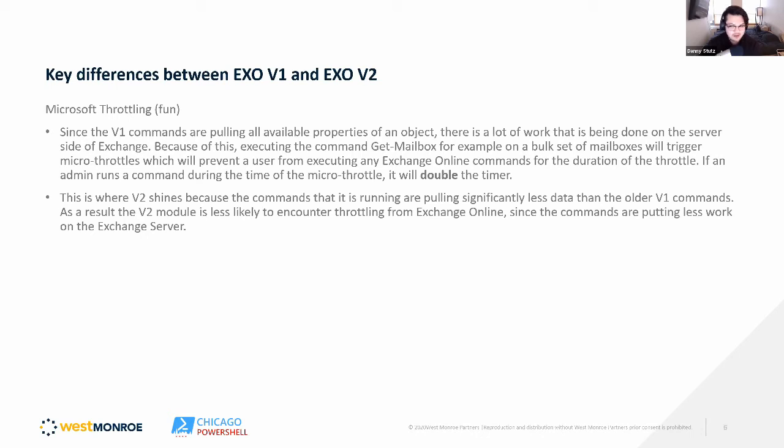They're super annoying, and they're the worst. Microsoft Exchange Online throttling is the worst because it basically doesn't allow you to manage anything on Exchange Online for a set period of time. So this is where the version 2 Exchange Online commands come in, because they're already not pulling as much data as Get-Mailbox, which makes them much less likely to be thrown a throttle, just because they're not using as many resources as the V1 cmdlets.